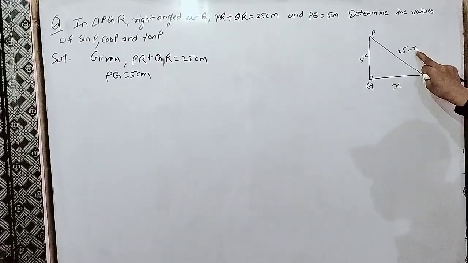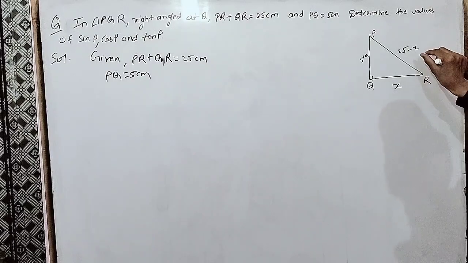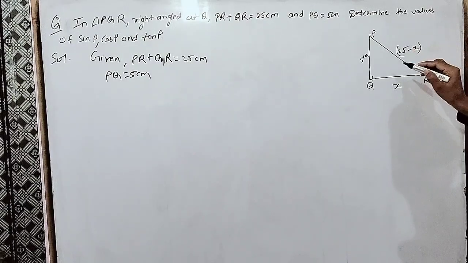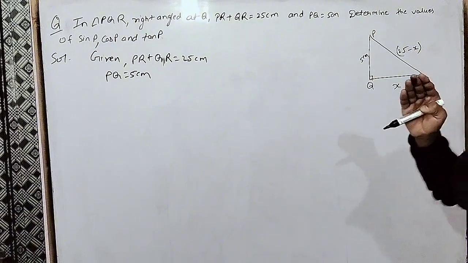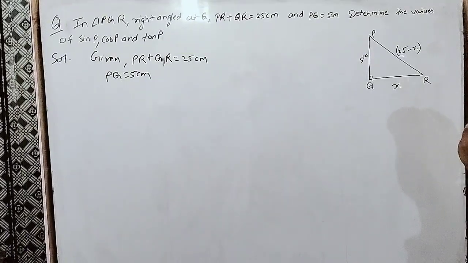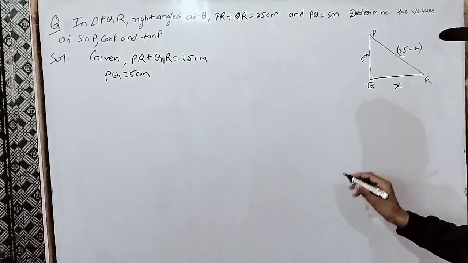So this is the value of one side. We are subtracting one side from 25, that's why we wrote subtract. Now it makes sense.